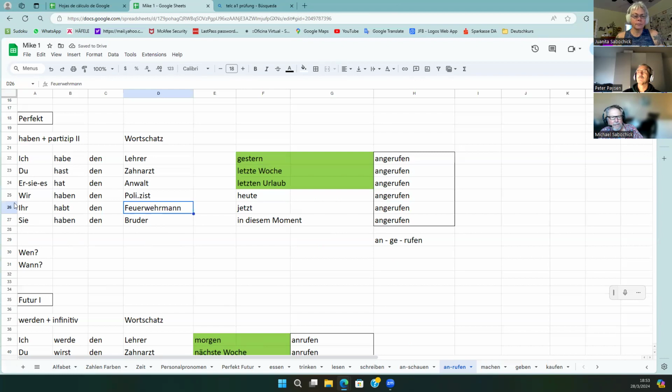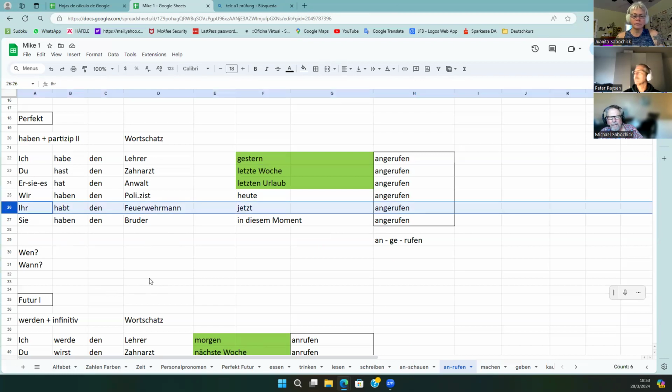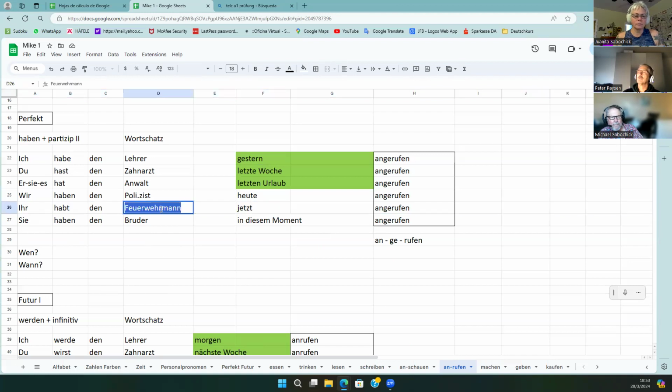"Ihr habt den Feuerwehrmann jetzt angerufen." Make sure you separate. Okay. All right. Feuerwehrmann. "Ihr habt den Feuerwehrmann jetzt angerufen." You all have called the fireman now. Okay.